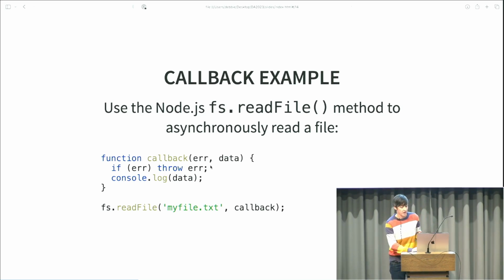The first one, if the readFile fails and produces an error, is your first argument. And if it comes back and gives you the result, then that's the second argument, the data. This one's not doing very much with it. It's throwing an error or logging your data to the console, but that shows the basic idea.